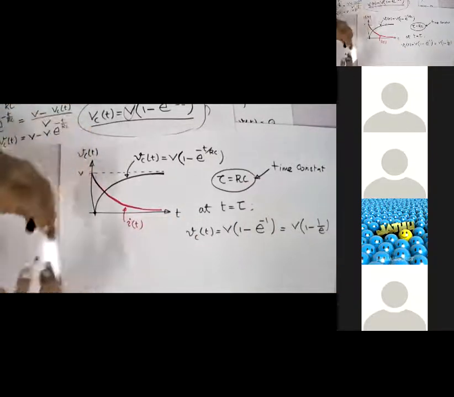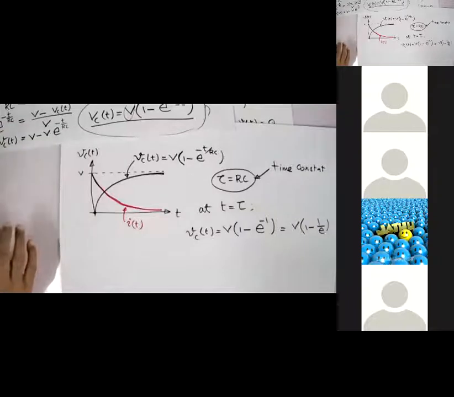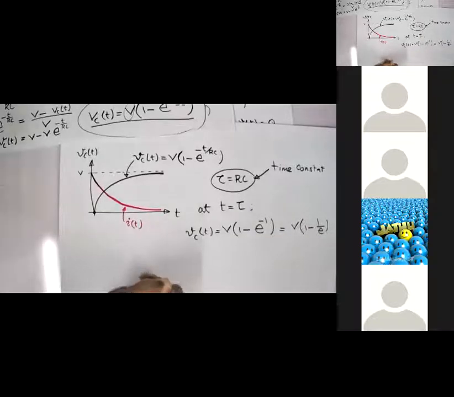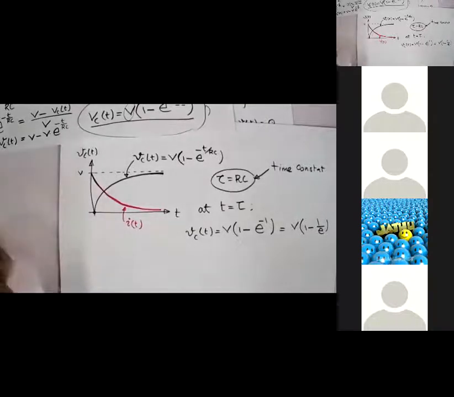So at t equals tau, the voltage across the capacitor will be V times 1 minus 1 over e. What is the value of e? Do we have calculators? 1 over e is 0.367.